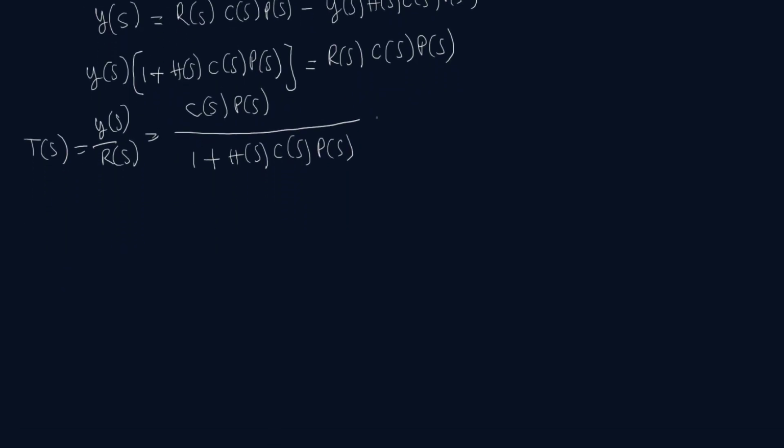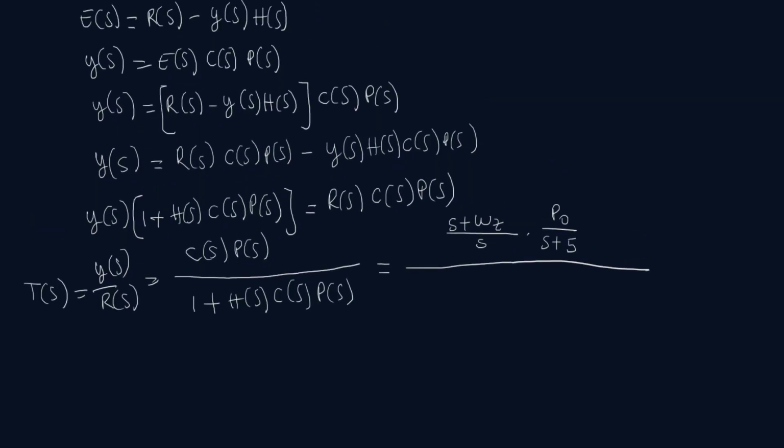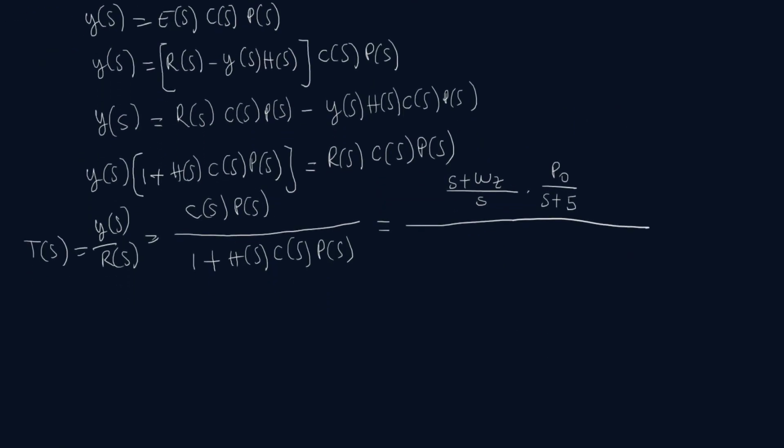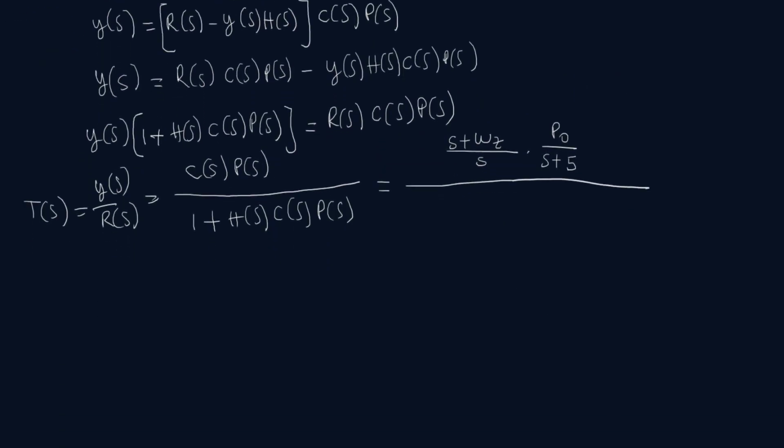So C(s)P(s) is (s plus wz) over s, if I remember correctly, P0 over, I'll verify this afterwards. Oh, s minus 5 instead of s plus 5. So let me erase that.